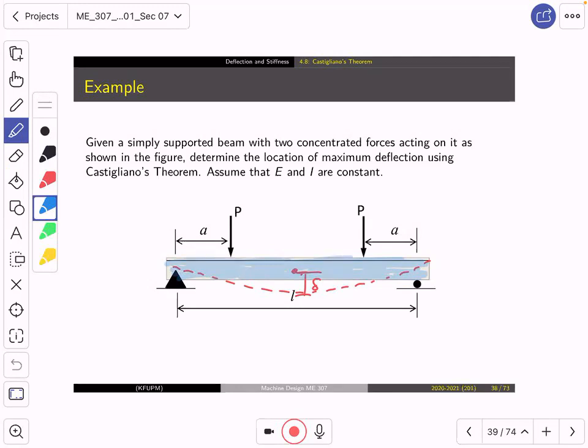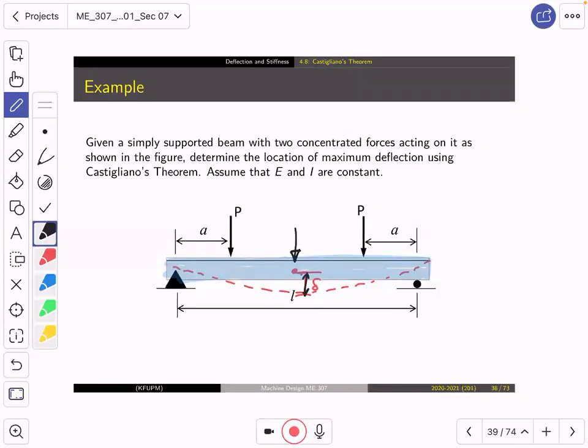Of course, when we quantify the strain energy, we don't find it as a number, we find it in terms of a relation. Then, to find this deflection, you need to take a derivative with respect to a force which is also acting in the same direction as the deflection and at the same point.